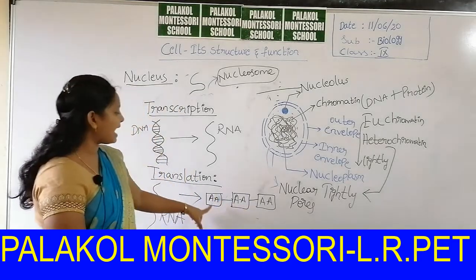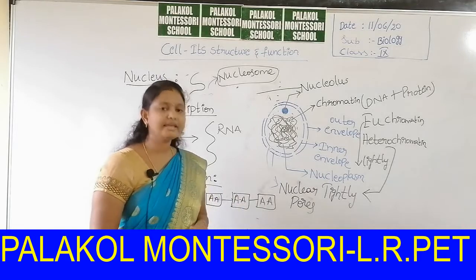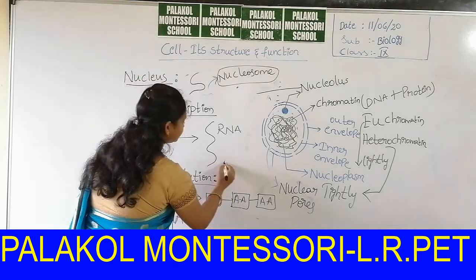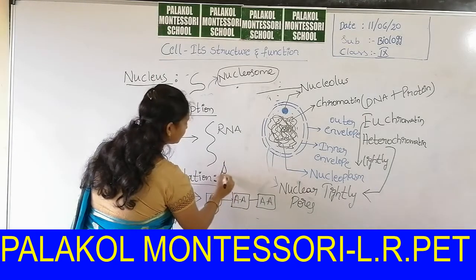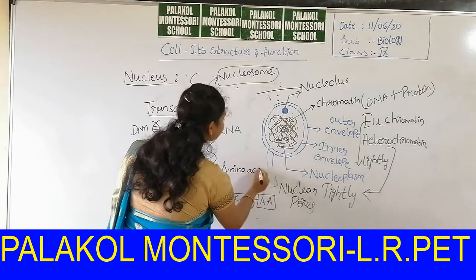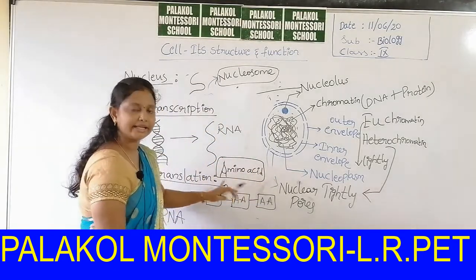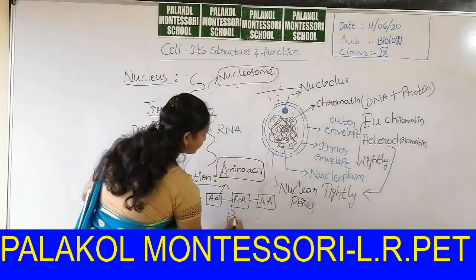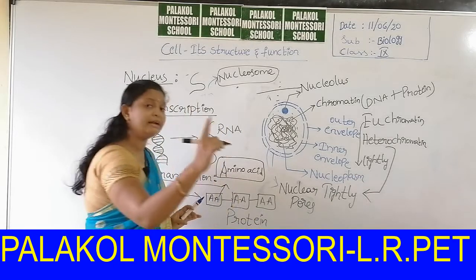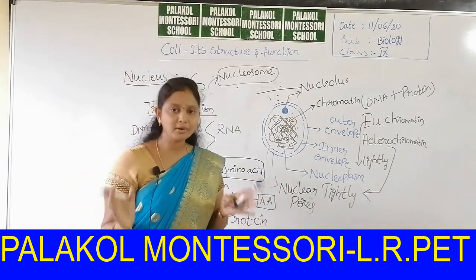Here I mentioned AA. What is meant by AA? AA is nothing but amino acid. Amino acid is the simplest form of protein. A single protein is made up of a huge number of amino acids.